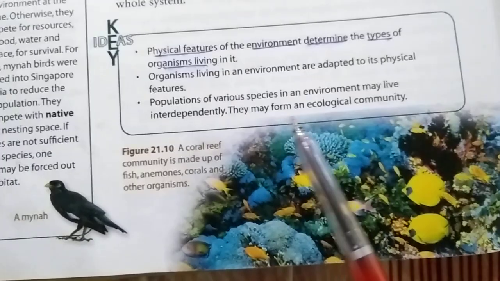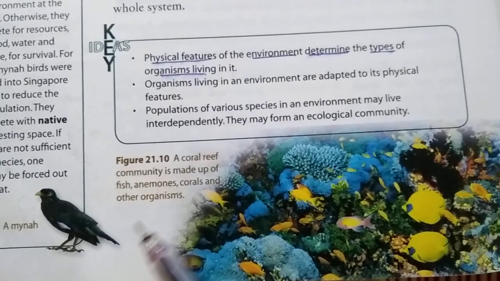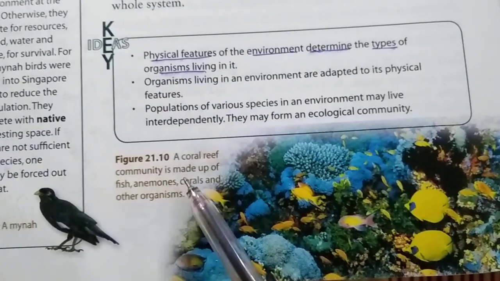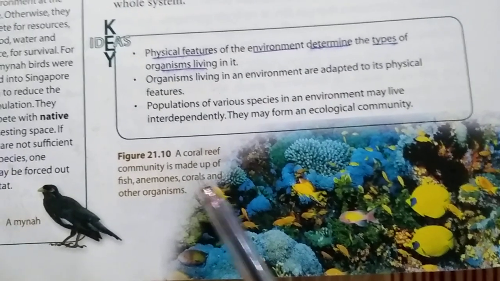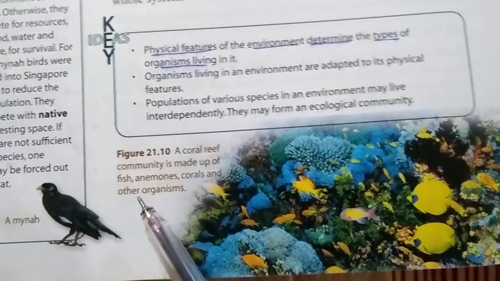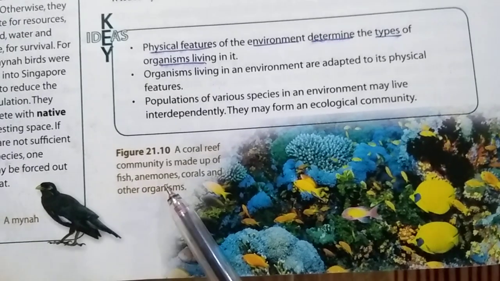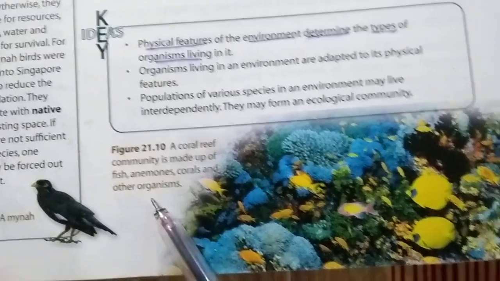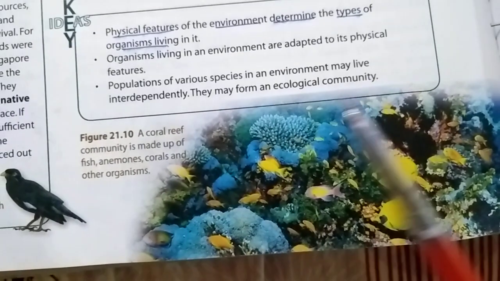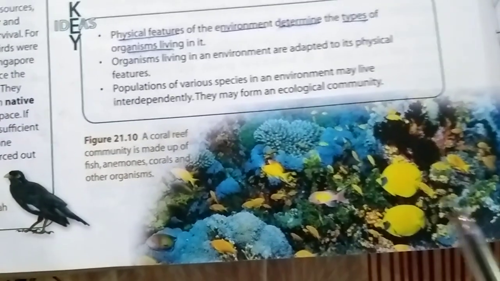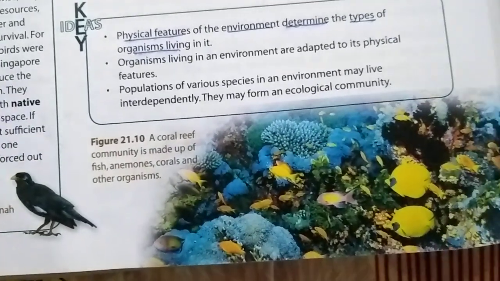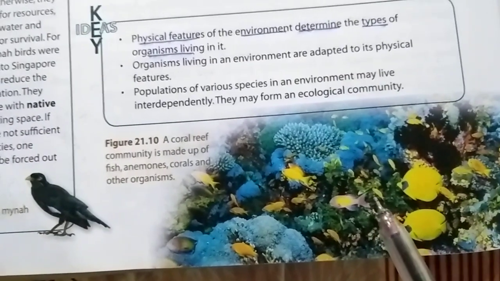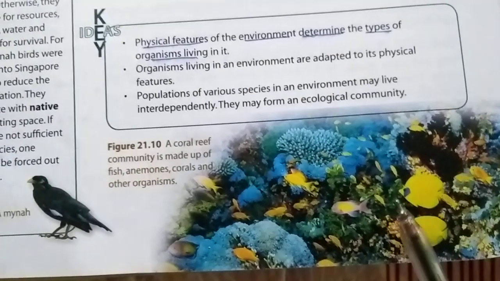They may form an ecological community. A coral reef community is made up of fish, anemones, corals, and other organisms. That is a coral reef life, which consists of fishes, animals, and corals.